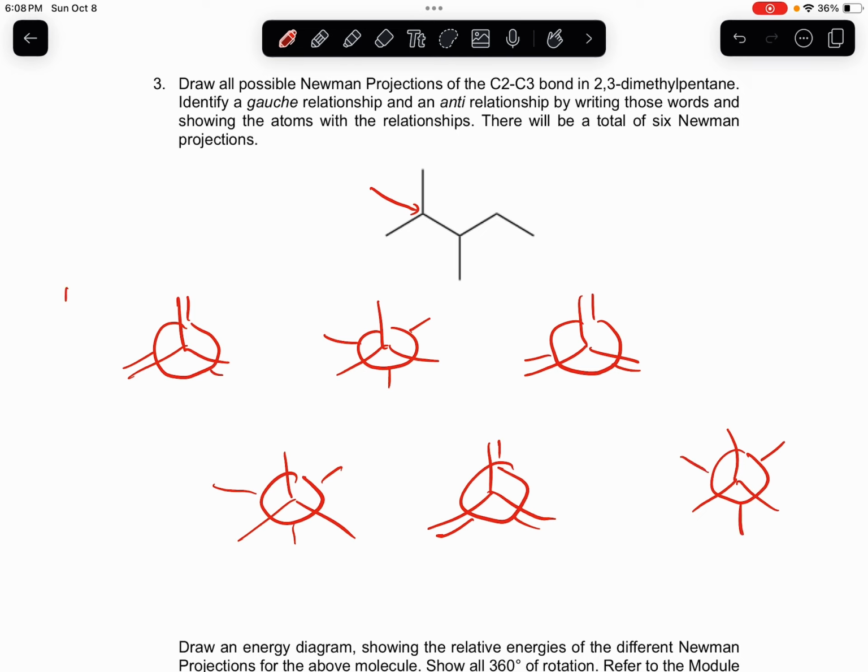So this will be 1, 2, 3, 4, 5, 6. And so on the front, I have 2 methyls and a hydrogen. And on the back, I have a methyl, an ethyl, and a hydrogen. So I'm just going to do my 2 methyls and keep them all consistent around the front carbon.